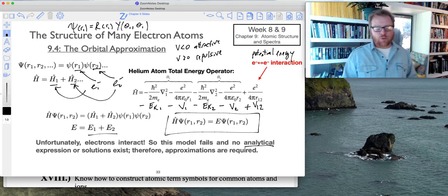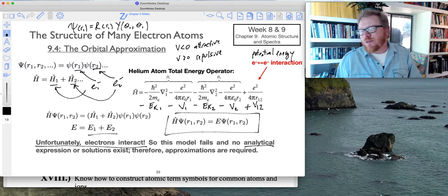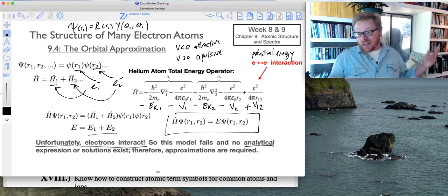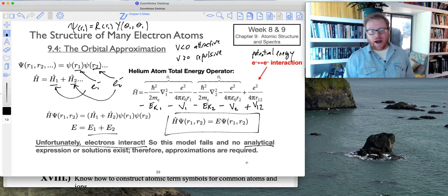We would not be able to solve this thing. And the biggest reason is because these electrons interact. As it turns out, if we didn't have to have this last term in here, this system would be solvable. However, it wouldn't be very accurate because we know that electrons interact. So lots of approximations are required.